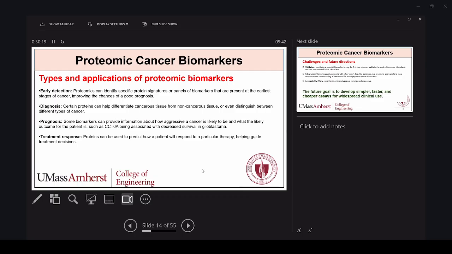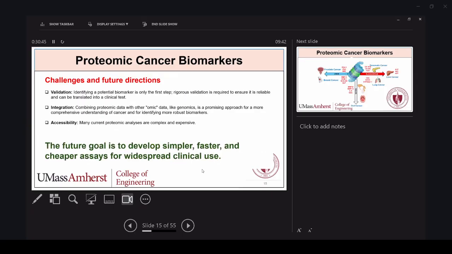And diagnosis, prognosis: some biomarkers provide information about how aggressive a cancer is likely to be and the likely outcome, as I mentioned with the funny example before. And treatment response. Even after the cancer is removed, there is a chance of it coming back, right? So there is a chance of recurrence. During that time also, we can use these proteomic biomarkers.